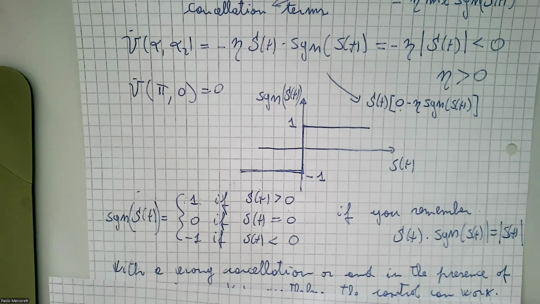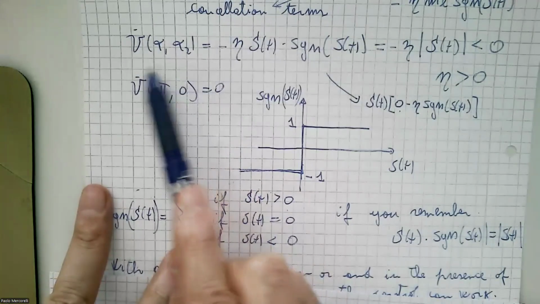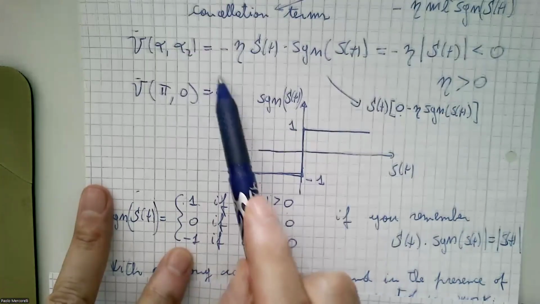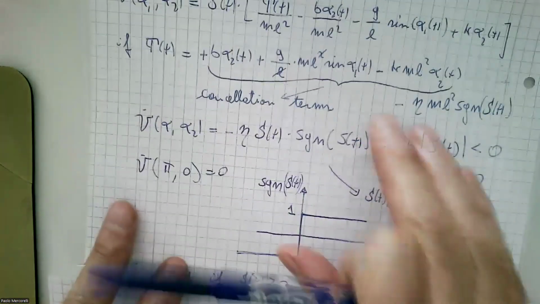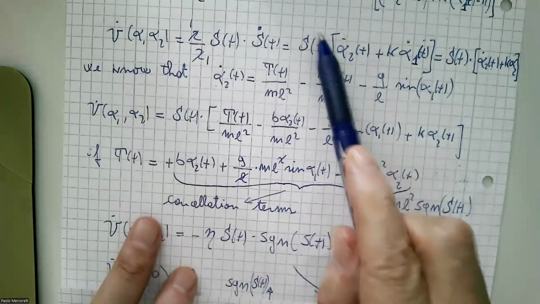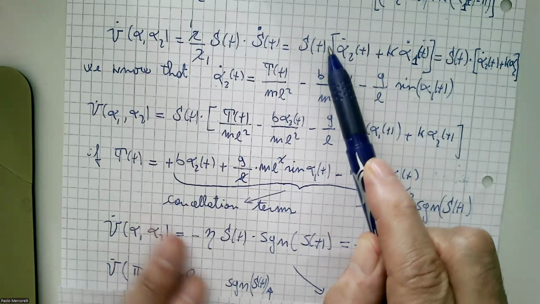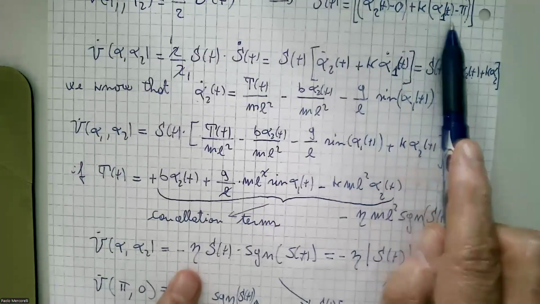You remember, I told you that this must be assuming that it is 0. When I say assuming that it is 0, I told you this at point pi 0 is 0 because of this.